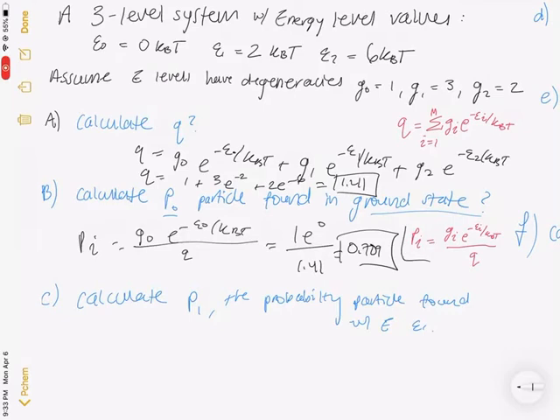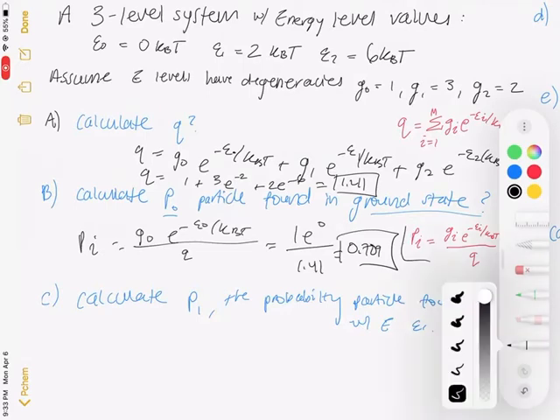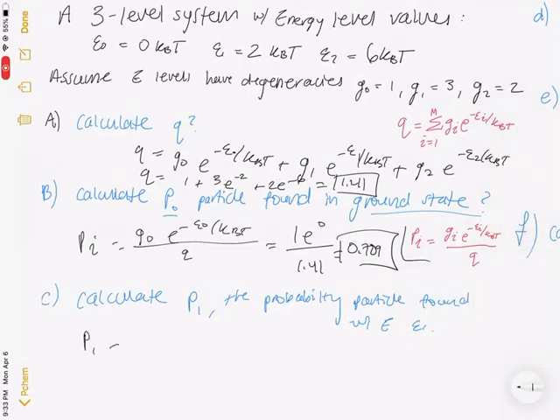For the next problem, it asks for the probability that you find the particle with energy E1. To find the probability P1, you do this similarly: P1 equals g1 e to the negative E1 over kBT, all over Q. To calculate this, as you can remember, we don't need the temperature value because kBT cancels, in case that throws you off.